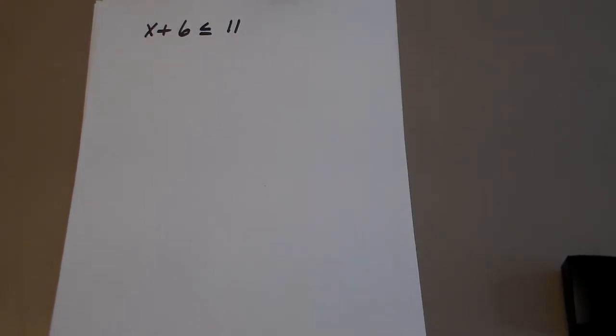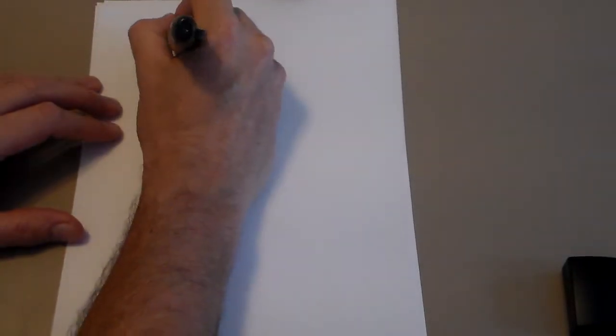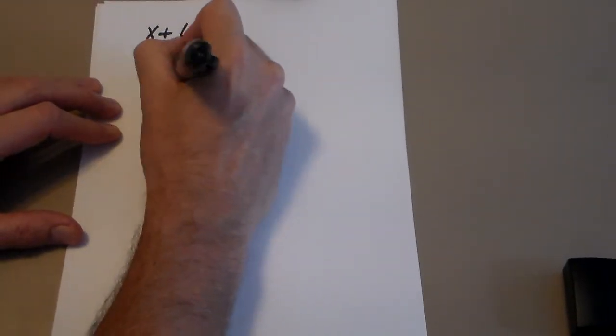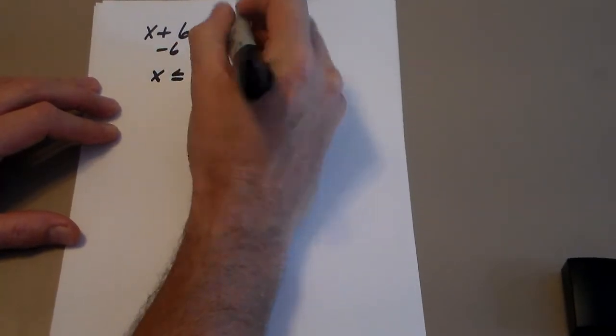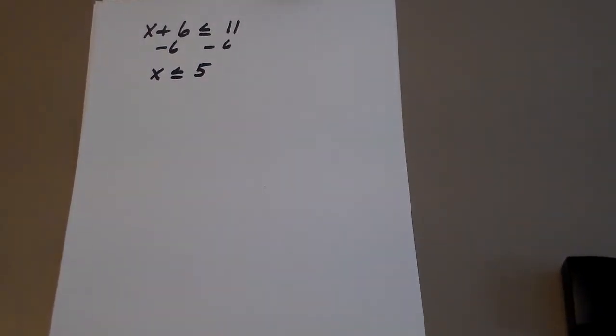The inverse of adding 6 is kind of like the opposite, but inverse is the correct terminology. The opposite or inverse of adding 6 is subtracting 6. So minus 6, minus 6, and I get x is less than or equal to 5. Okay, and there's my inequality.